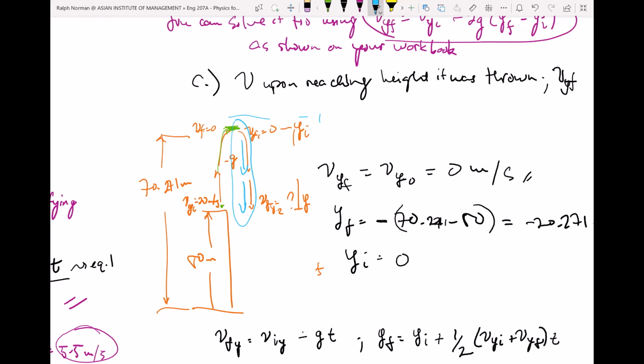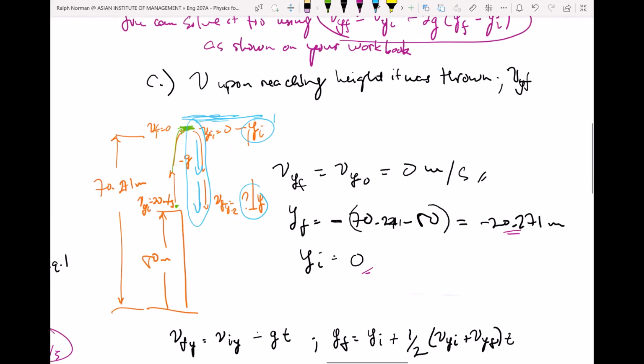We just need to set its frame of reference. So this time, this is your frame of reference, and you have your initial position and your final position here. To get that, we simply subtract, and you will get 20.271 meters. And your initial position here is actually 0.